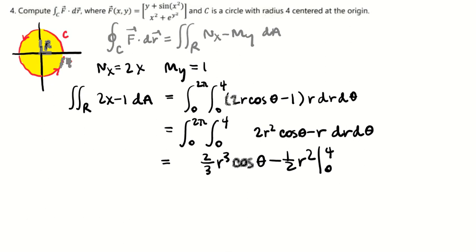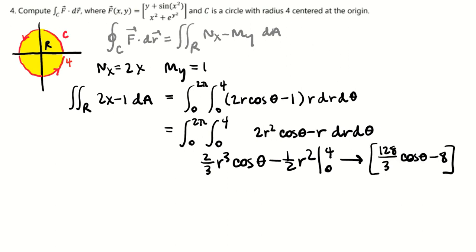Hopefully that's enough. All right, I'm just going to do this computation right here. Okay, 4 to the third is 64. 2/3 of 64, that's not going to be a whole number. It's going to be 128 over 3. And then half of 16 is 8. And when I plug in r equals 0, I'm going to get nothing, so I'll just have that.